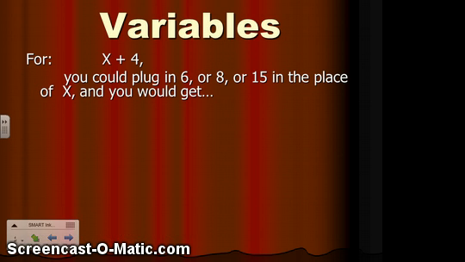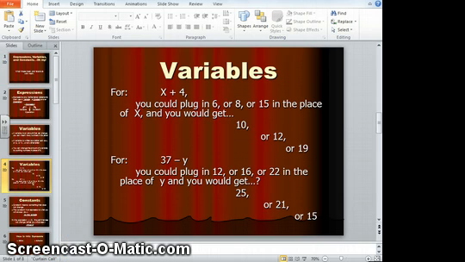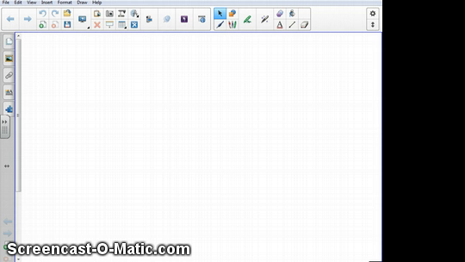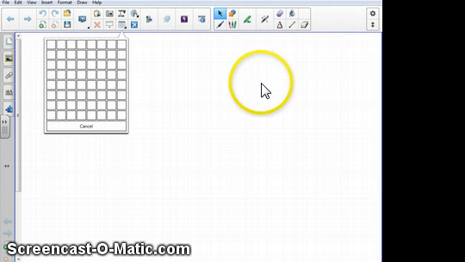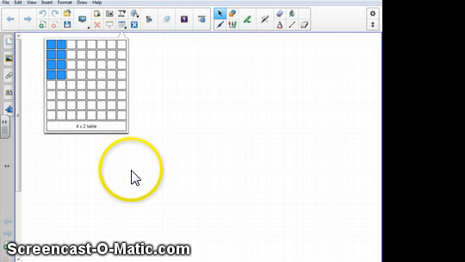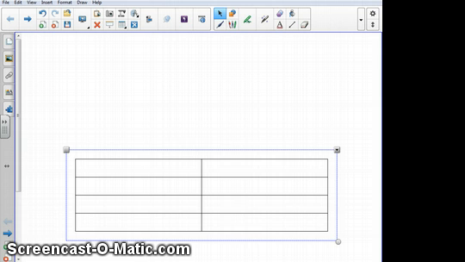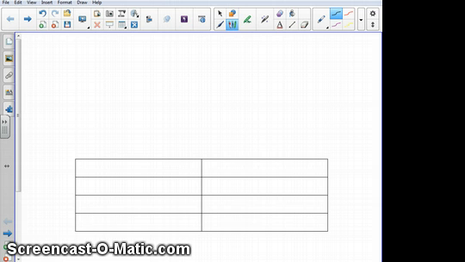So for instance, we have X plus 4. You can plug in 6, 8, or 15 in place of X, and we would get, let's try this on our Smart Notebook. So say for instance, we had a table, and we had X, and it was X plus 4.